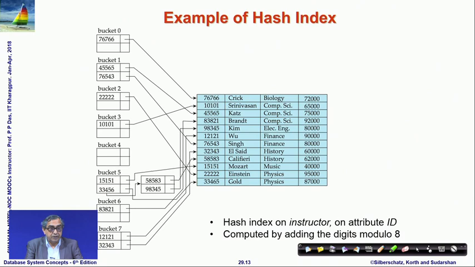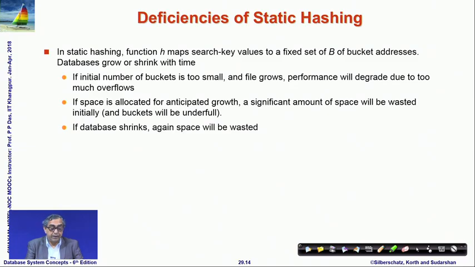So, it goes into bucket 0. But if you look into bucket 4, you will find that the 4 IDs all have the value 4 under the hash function. So, they all need to go to this bucket, but the bucket size assumed here is just 2. So, after the 2 indices have gone in, an overflow chain is created and another overflow bucket is used to keep the next 2 IDs. This is how a hash index can be created.